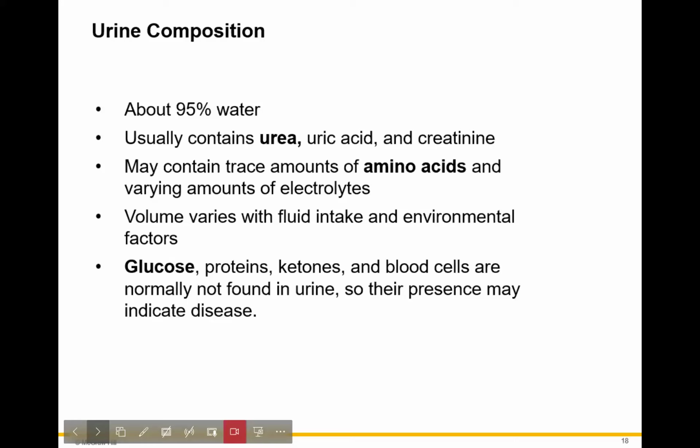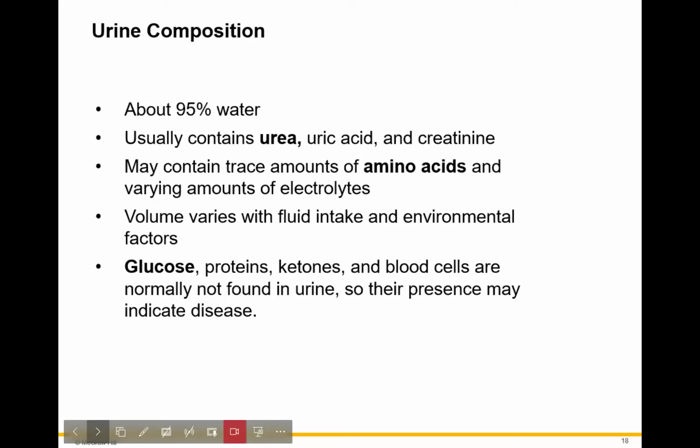Okay, so urine is 95% water, and usually contains waste products of metabolic activity such as urea, uric acid, creatinine, and may have some trace amounts of amino acids. Again, just electrolytes, that's how this acid-base balance occurs.